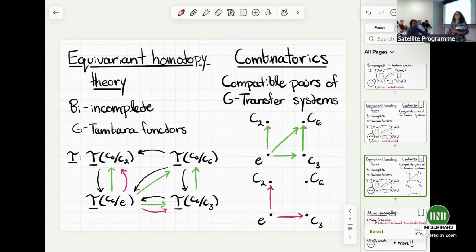I'm not sure, but maybe somebody else knows. You have saturated for transfer, then you have co-saturated for co-transfer or something like this. Yeah, I think that must be why. It's like a mirror image. Yeah, I guess I haven't worked too much with co-transfer systems. Any more questions? If not, we should thank Danika again.